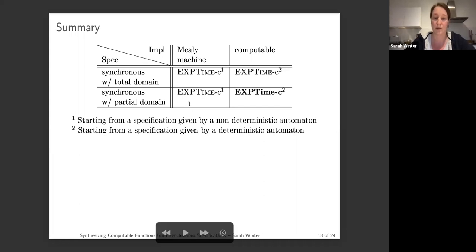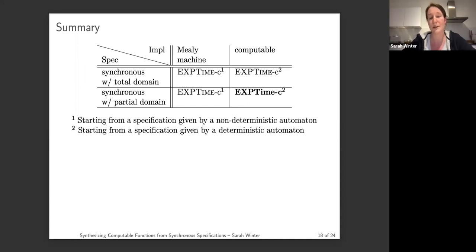It is also ExpTime-complete if you have a partial domain. If we are looking for implementations by Mealy machines, the partial domain case can go back to the total domain case. In this setting, it is possible to complete the domain of a partial specification and make it total and preserve implementability by Mealy machines.